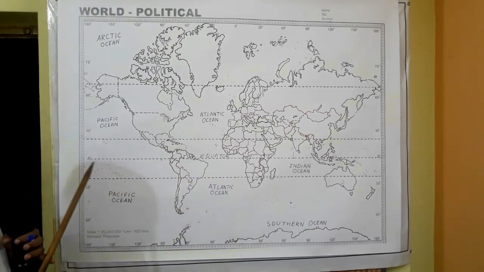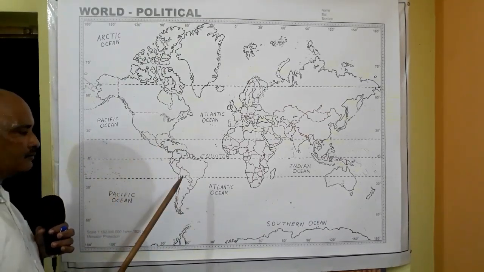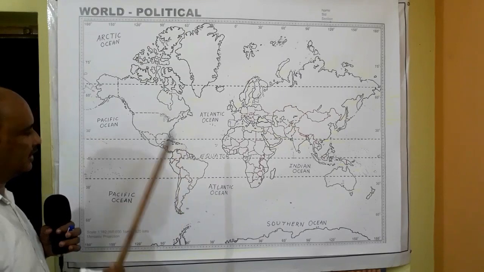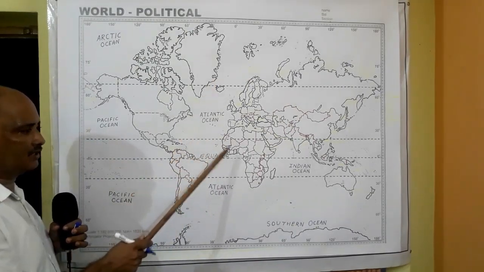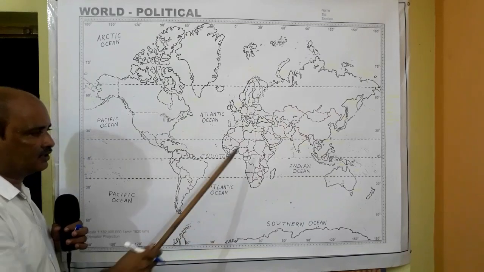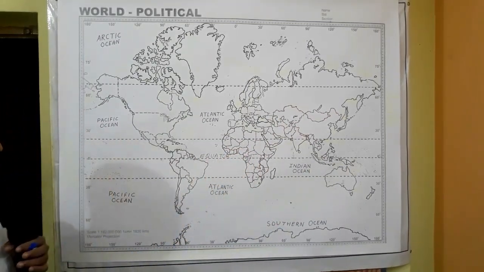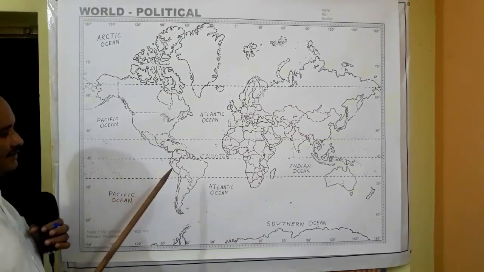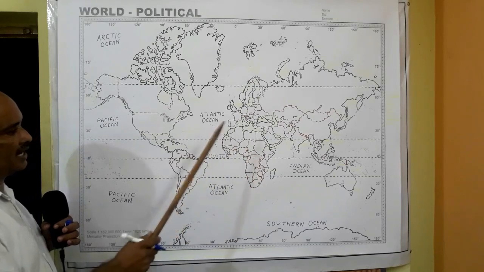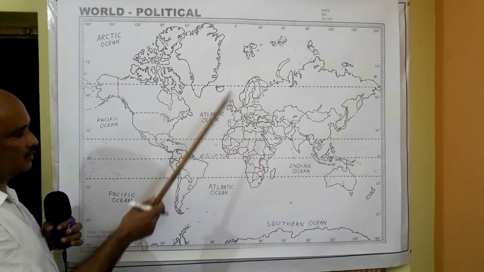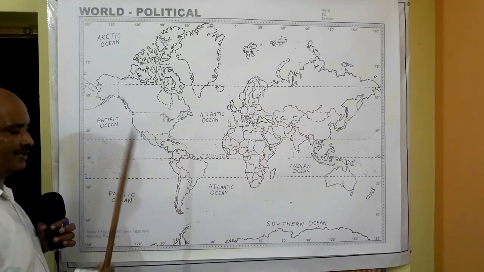So now the point is, we have studied the continents which are in the northern hemisphere, which are in the southern hemisphere, which are in the eastern hemisphere, or which are in the western hemisphere. And only one continent you will find, Africa, which is in northern also, southern also, eastern also, western also.